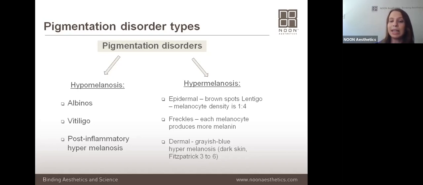So these are the hypomelanoses, and I also want to say that the albinism and the vitiligo types are the ones that we unfortunately can't treat because these are permanent conditions and it's not for us to treat.